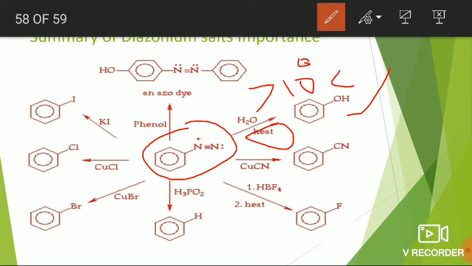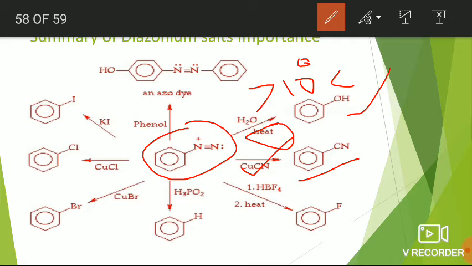Next one, if you treat the diazonium salt with cuprous cyanide in the presence of hydrogen cyanide or alkali cyanide, we get corresponding cyanoarene, cyano derivative. It is a specific case of Sandmeyer reaction.